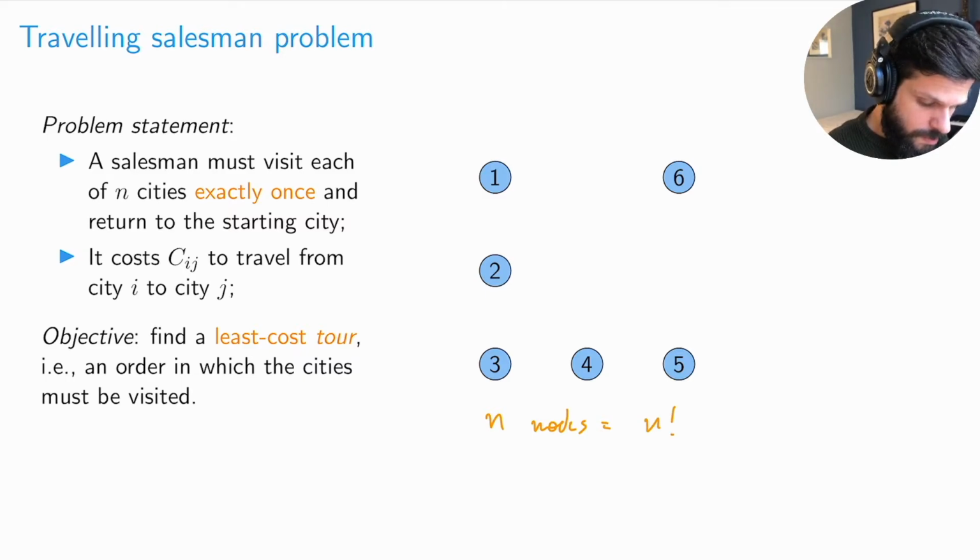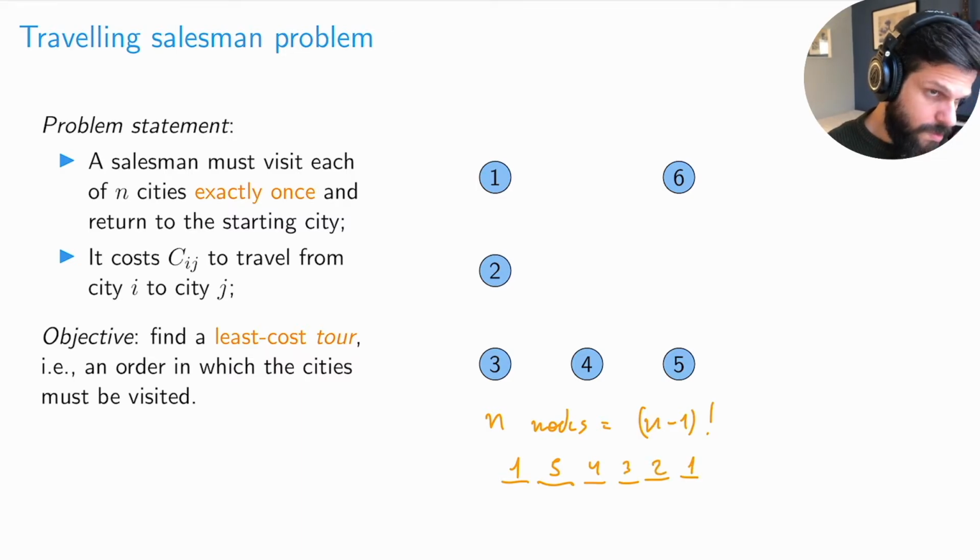Actually, it's n minus 1 factorial because you're missing the first node there. You don't have any choice about the first node because you are there, but then you have 5 options, then 4 options, then 3 options, then 2 options, and then you have to return where you were. So in this case, it would be 5 factorial possible tours. So you can see the search space of these things grows really, really fast, and very quickly you end up with problems that you can't really solve unless you're doing something specialized.